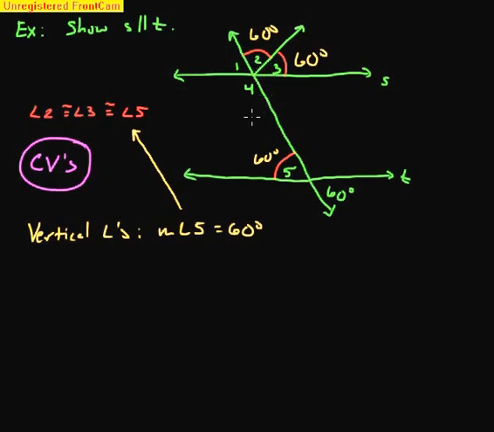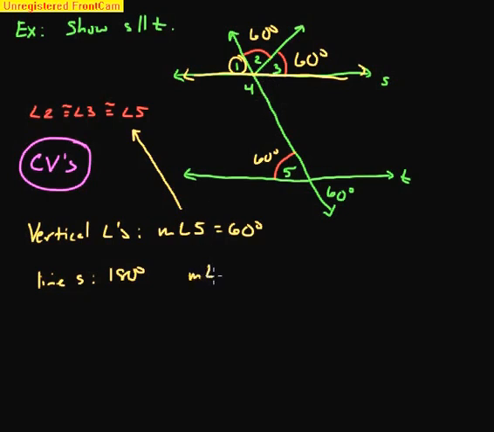Now, there's many different ways to look at this. I'm going to look at angle 1 now. This is a straight line. S is a straight line. So it has how many degrees? S has 180 degrees. So that means that 1, 2, and 3 have to add up to 180 degrees.